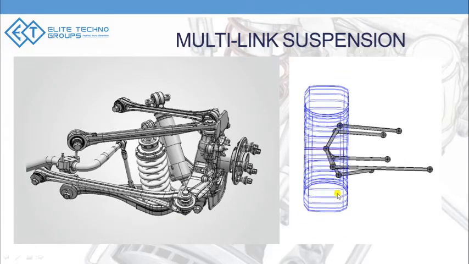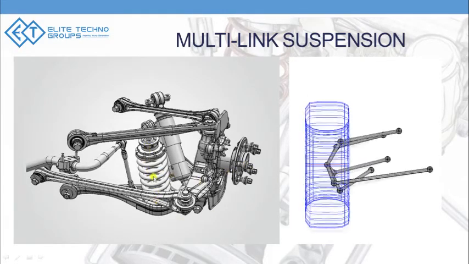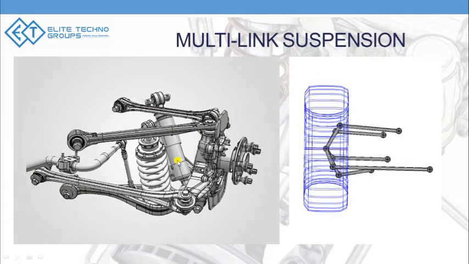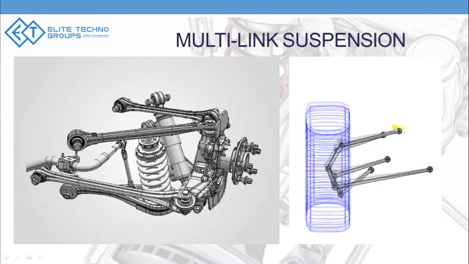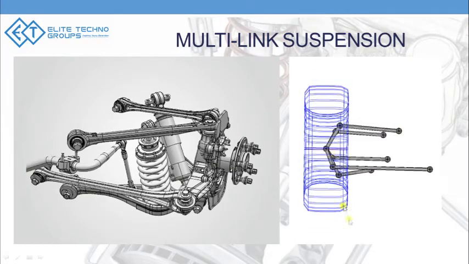So just like the double wishbone suspension, the damper spring assembly is mounted onto the lower arm, and because it's got multiple links and multi-axis of rotation, this type of suspension has much better ride capabilities than the double wishbone or even the strut suspension.